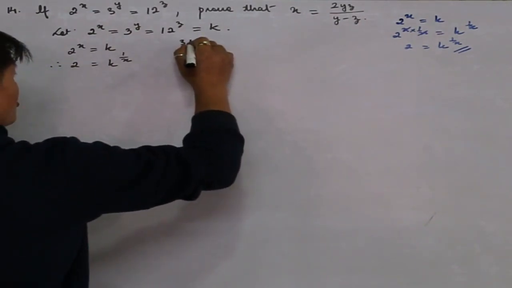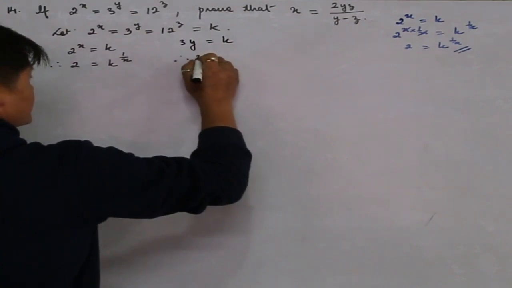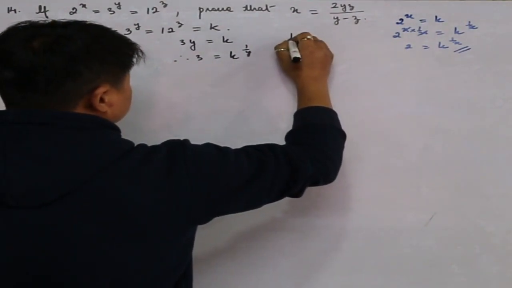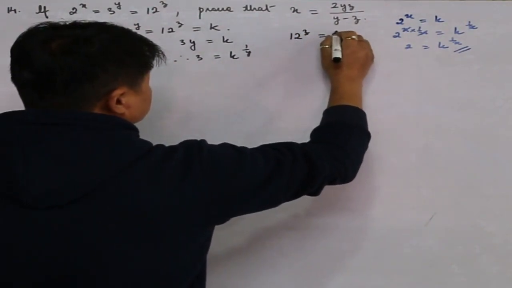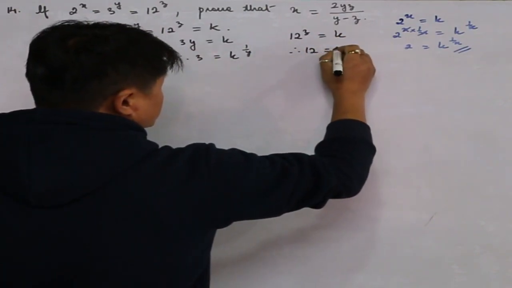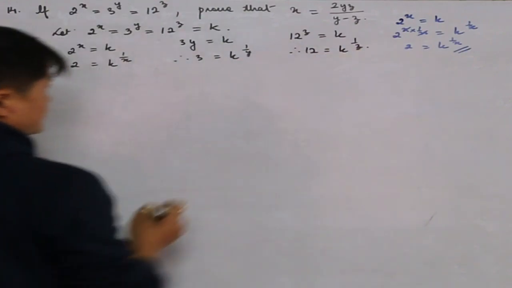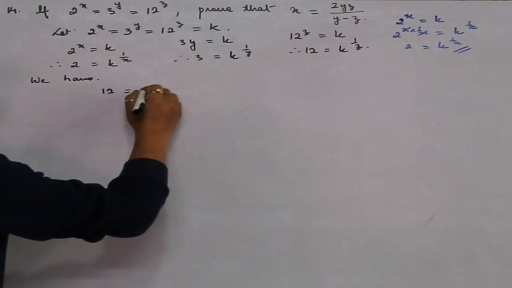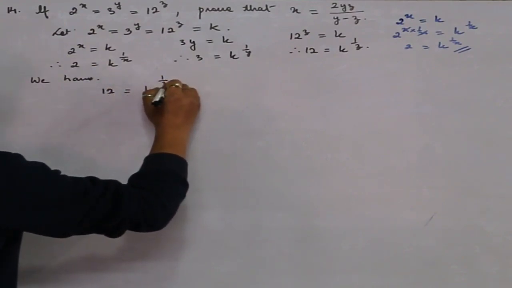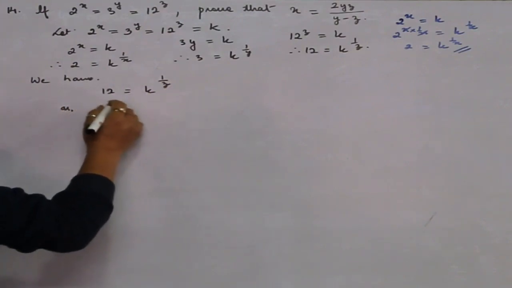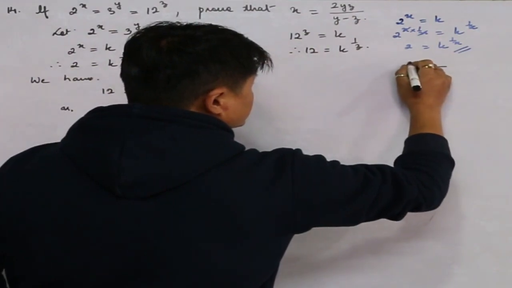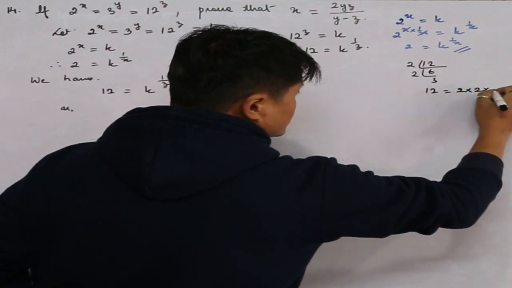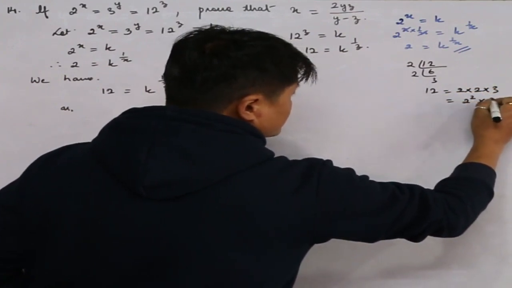Similarly, 3 to the power y is equal to k, therefore 3 is equal to k to the power 1 by y, and 12 to the power z is equal to k, therefore 12 is equal to k to the power 1 by z. 12 can be written as 2 into 2 into 3, that is 2 square into 3.